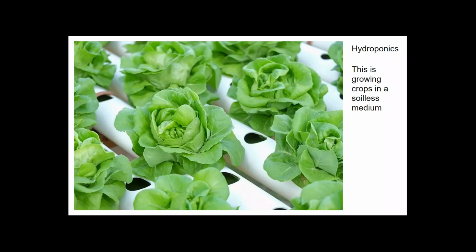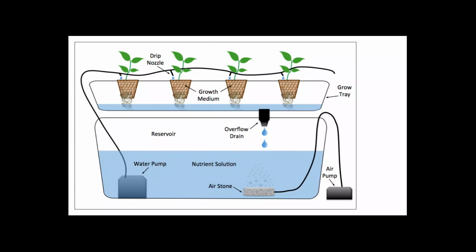After that, we have hydroponics, which is growing crops in a soilless medium. So this, for example, is an example of hydroponics, where these lettuce are grown without soil. Basically, what happens is you have something to hold the plant in, and you have a circulation of water, and you have a pump which pumps water around.